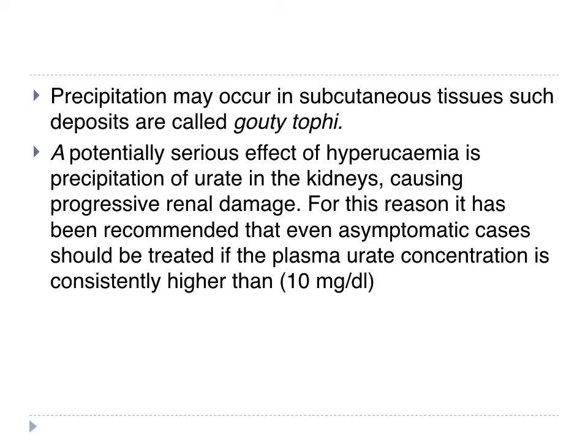But when amorphous, there will be no pain and no symptoms or complaint, and therefore there will be further precipitation, affecting the tissue and its function, and maybe leading to failure of this organ. So precipitation may occur in subcutaneous tissue, and such deposits are called gouty tophi.